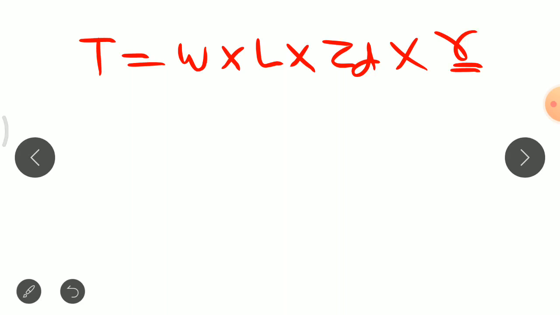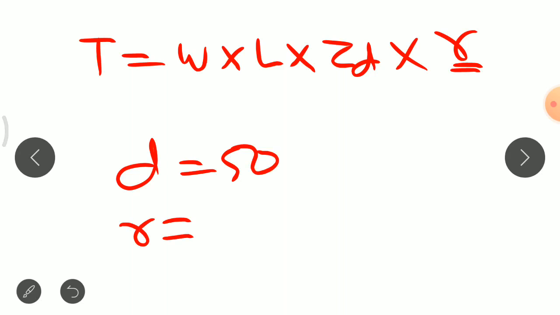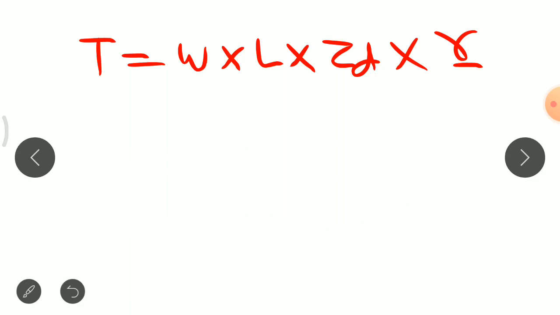D is equal to 50 and R is equal to 25 mm, and you have to put them here. Before that we don't know the torque, so the first step is to determine the value of torque.